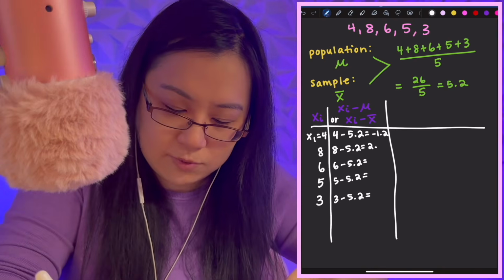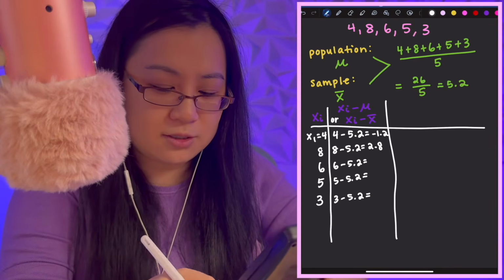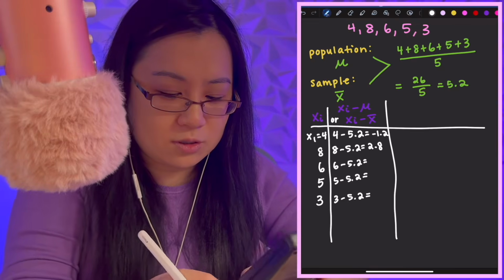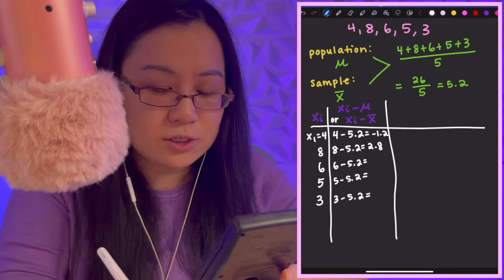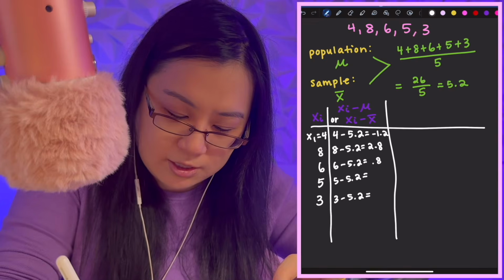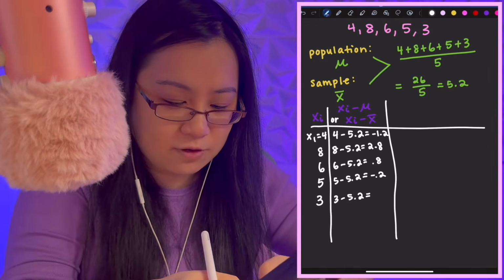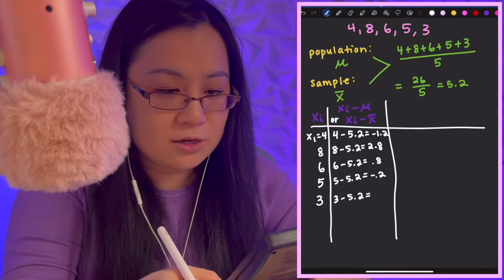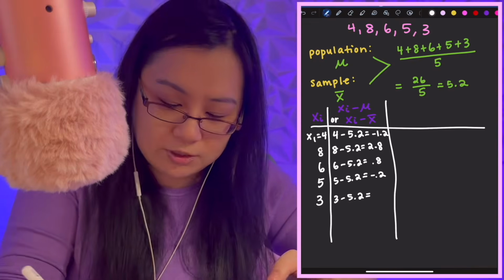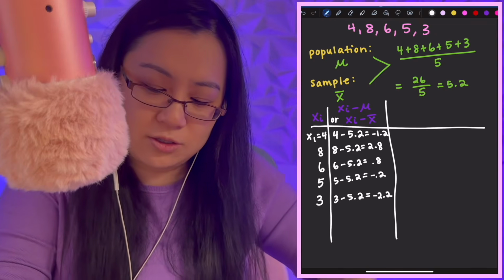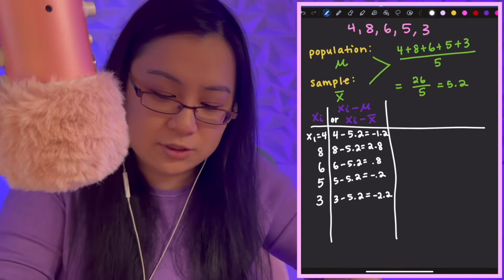So negative 1.2, 8 minus 5.2 is 2.8, 6 minus 5.2 is 0.8, negative 0.2, and 3 minus 5.2 is negative 2.2. Okay, so we just found the differences.